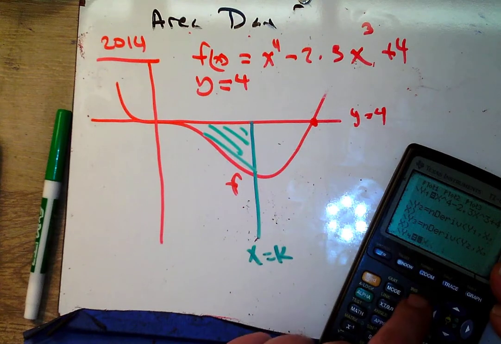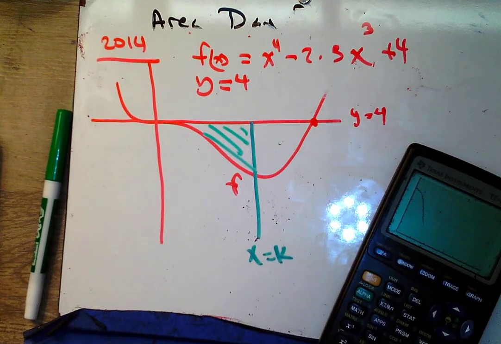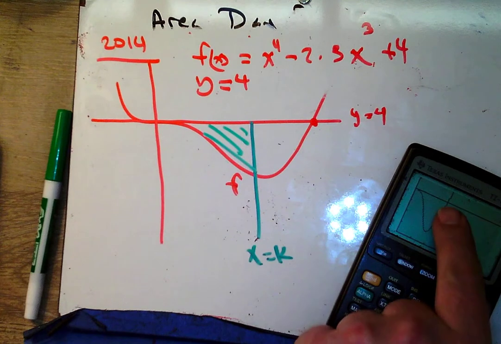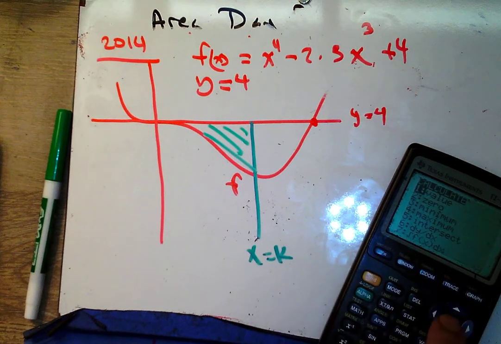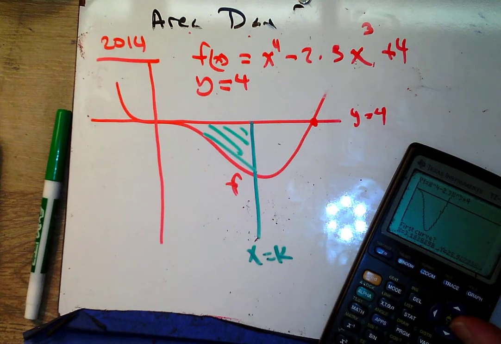And this other one down here, y equals 4. And I want to know where that point is. So I can calculate, intersect, and my calculator goes to the point of intersection.